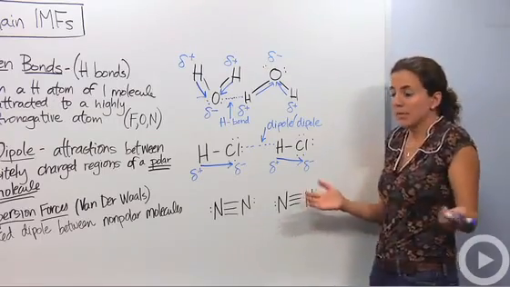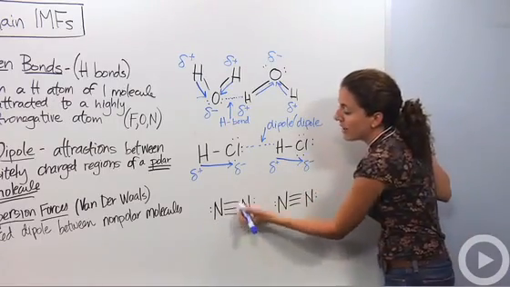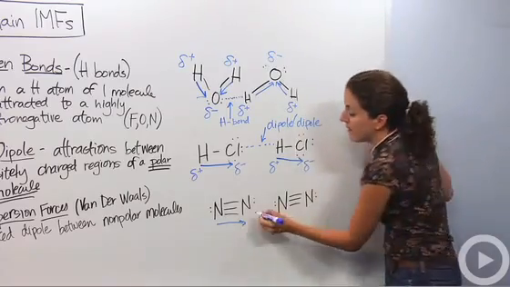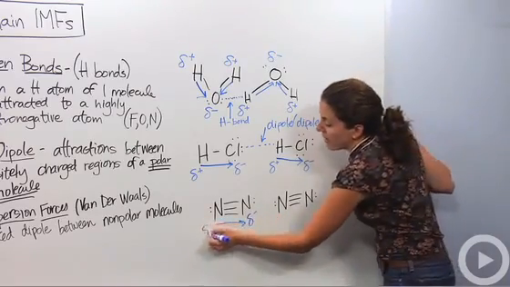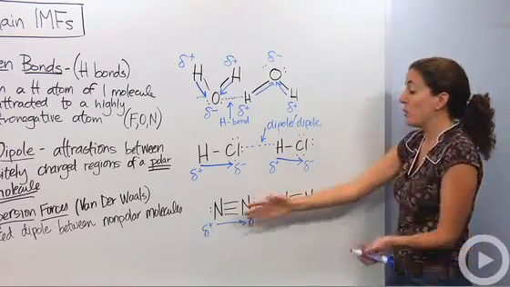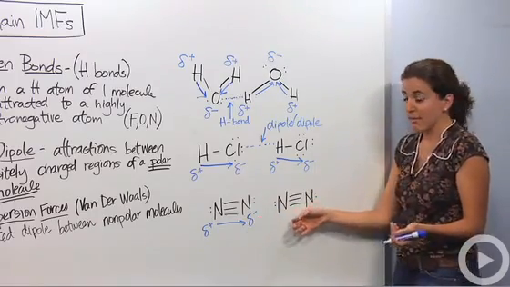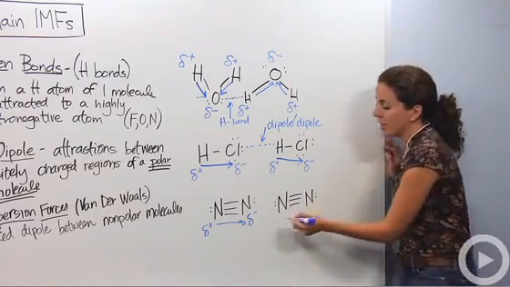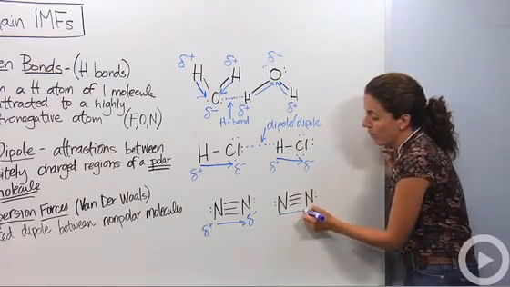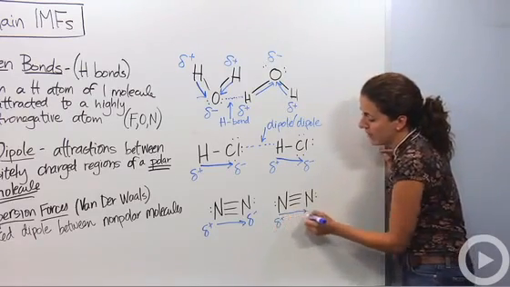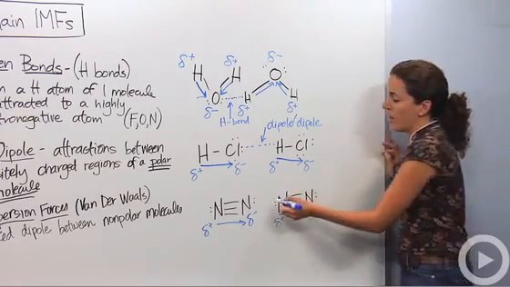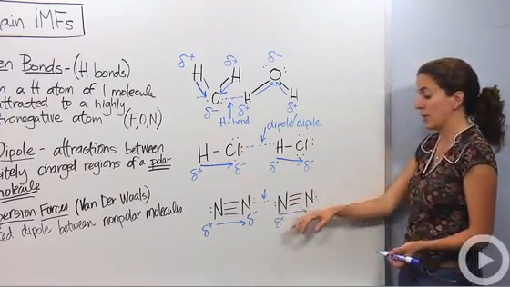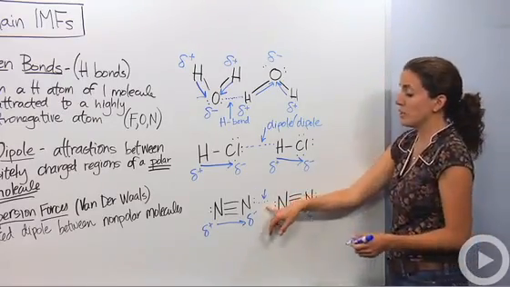So at some point, the electrons are going to be over here, and for a second this might be slightly negative and this slightly positive. That induces this molecule to say, I don't like being around other electrons, so the electrons flow over here, making this side positive and this side negative, making an attraction here. Here is the induced dipole. We induced this one to change.